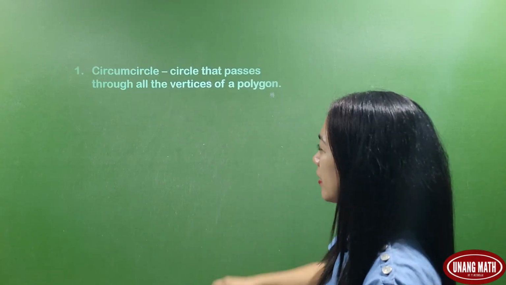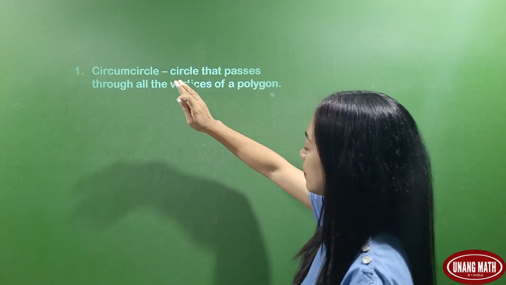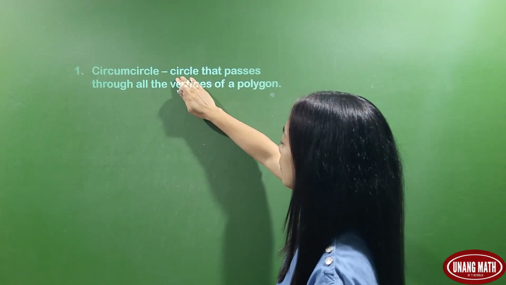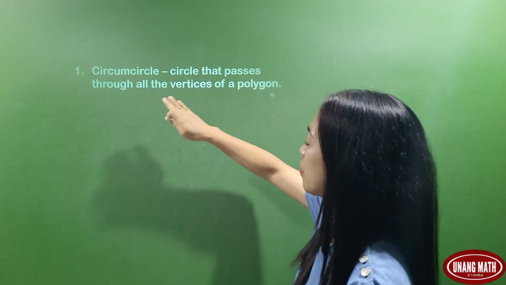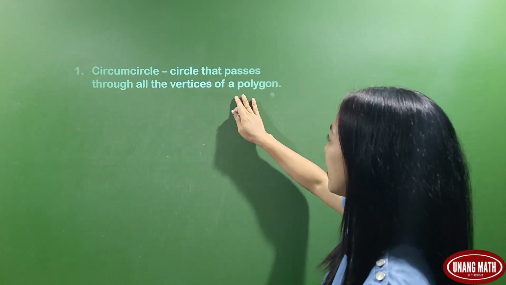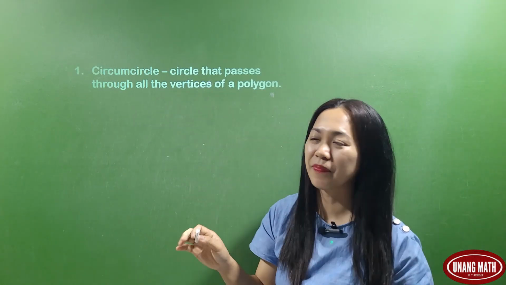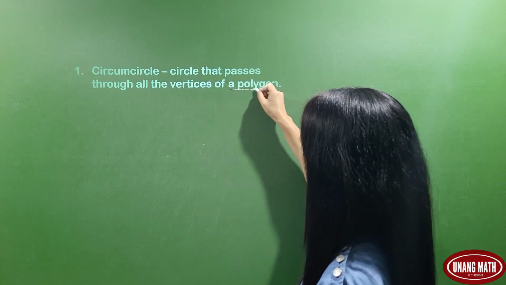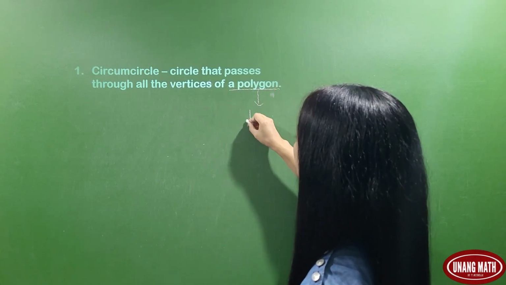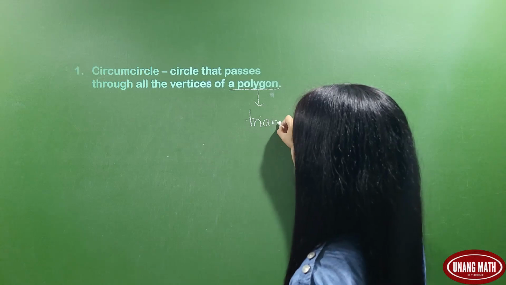Okay, let's start with circumcircle. When we say circumcircle, this is a circle that passes through all the vertices of a polygon. The polygon that I am referring to here is a triangle.